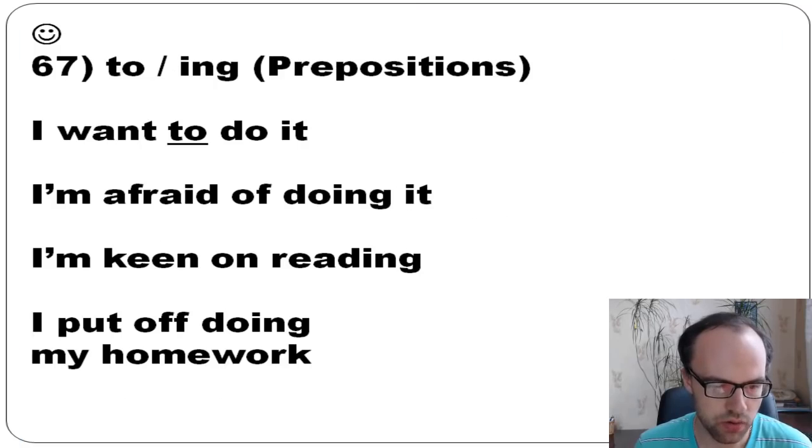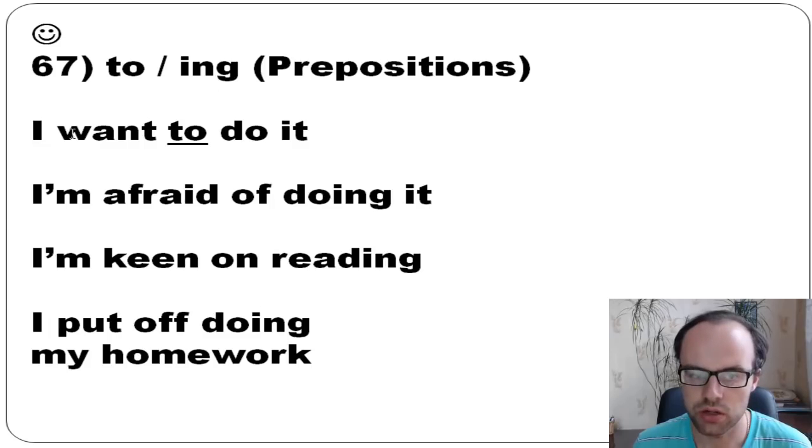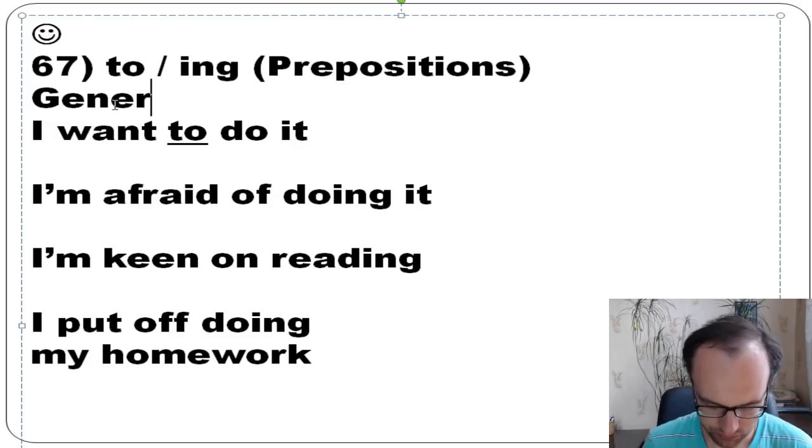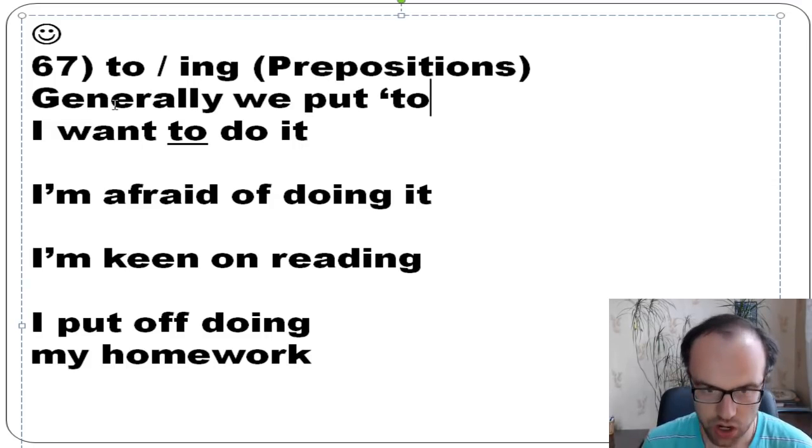Well, so let's talk about one more important thing, about English prepositions. When do we use to and when do we use ing? You know that students often make mistakes here. Generally we put to between two verbs, okay?